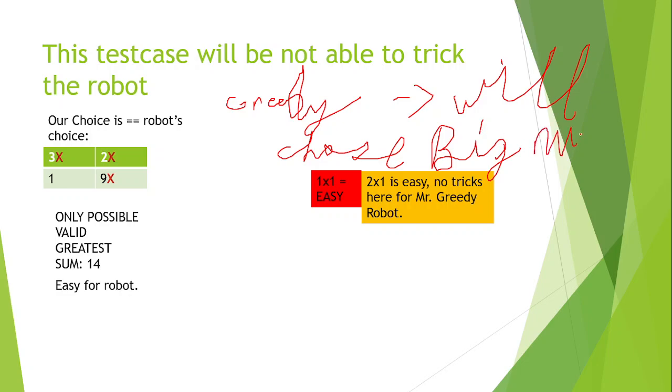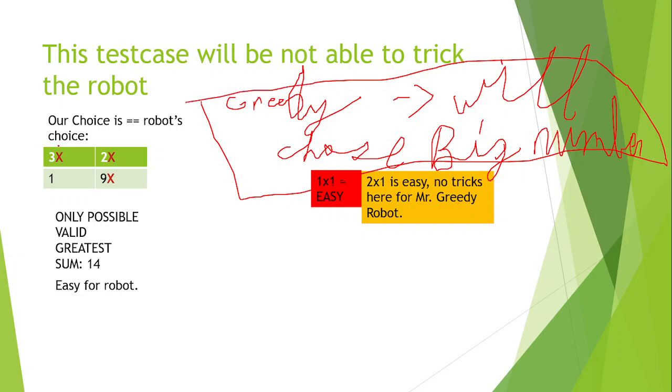So we need to keep this in mind. The robot always starts at this location. 1 is low, we can choose that, and the robot also does, and he goes to 2. And then his journey ends at 9. The only possible valid greatest sum is 14. And this is our choice as well.